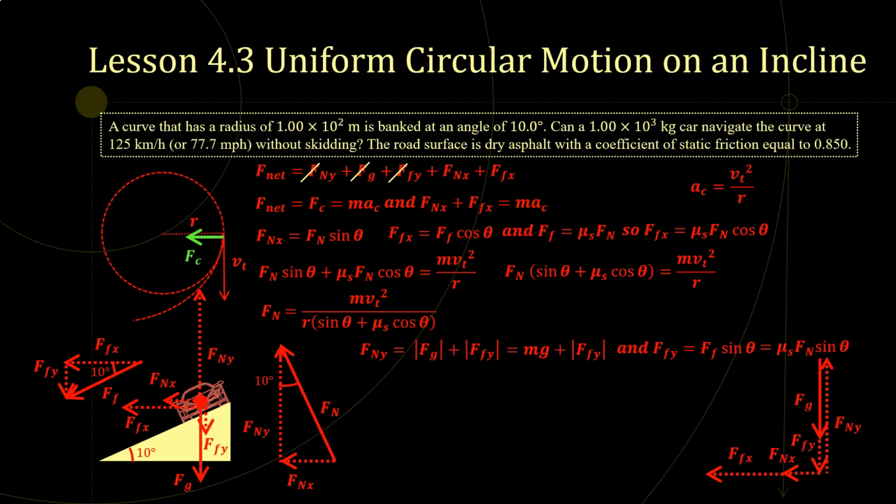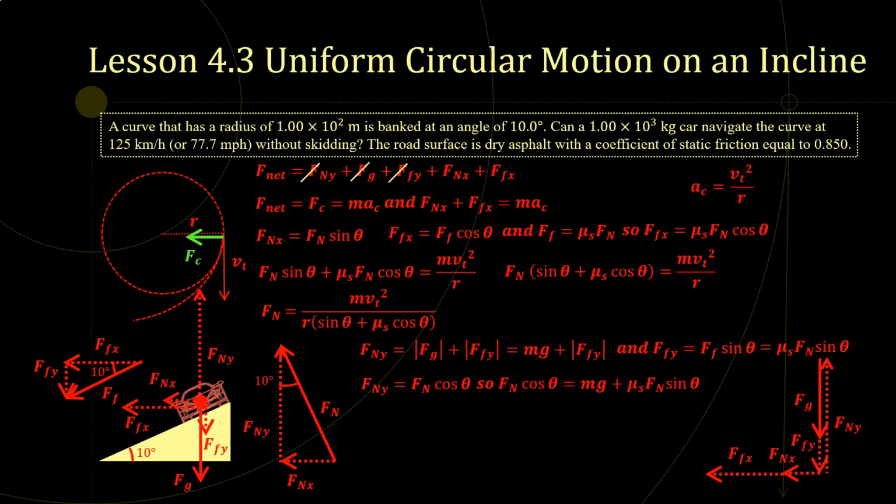And I know theta. So I still have an unknown here, the normal force. Okay, so I just replaced my friction force term in this equation. And I know that gravity force is mg. I know the mass and I know gravity. What about the y component of the normal force? So I can do the same thing I've done before, and I can note that the y component of the normal force is the normal force times the cosine of theta.